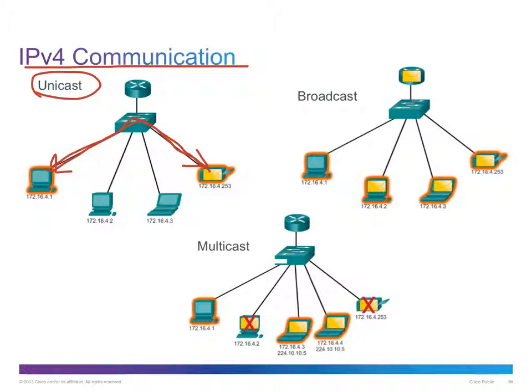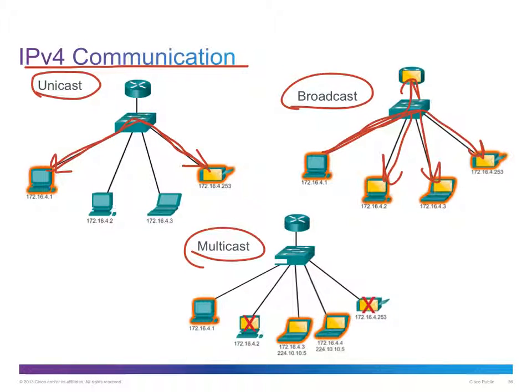A broadcast is where a particular device sends something to everything, communicates to everything, like we talked about an ARP, the broadcast. Okay? A multicast goes to particular ones, but not everything. Like in this case, we're going here and here, but not to here and not to here.